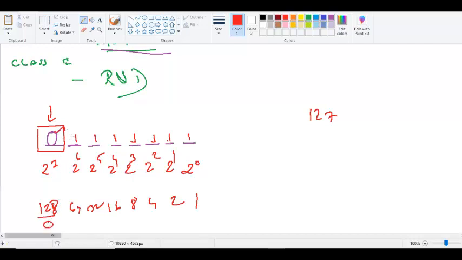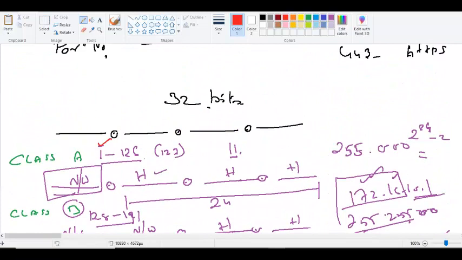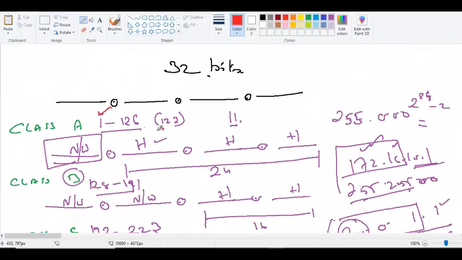So you add 64 plus 32 plus 16 plus 8 plus 4 plus 2 plus 1, you get 127. I told you, only up to 126 is class A, because 127 is dedicated as a loopback address. We'll talk about that in a few minutes after this topic. So this is how they derived class A, 1 to 127.